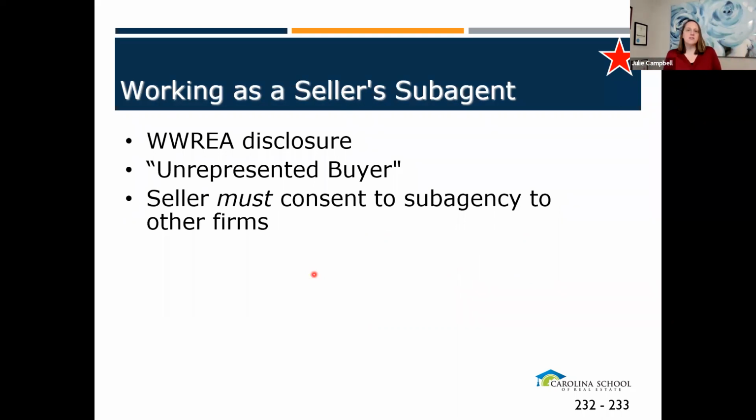If we're working as a seller sub-agent, whose side of the agency wall am I on? I'm on the seller side. This buyer has chosen to go unrepresented. This buyer has chosen to be a customer. Remember, before we can do this, we have to have the seller's permission for that particular property, each particular property.